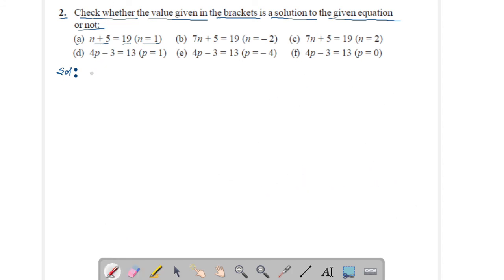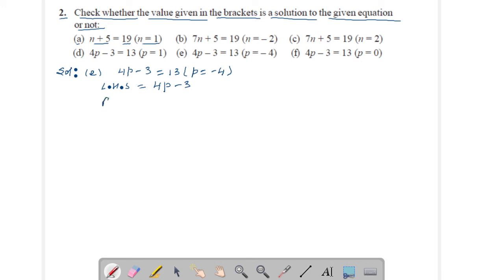Now come to E part. 4p minus 3 equal to 13. p equal to minus 4. Here left hand side of the given equation is 4p minus 3.